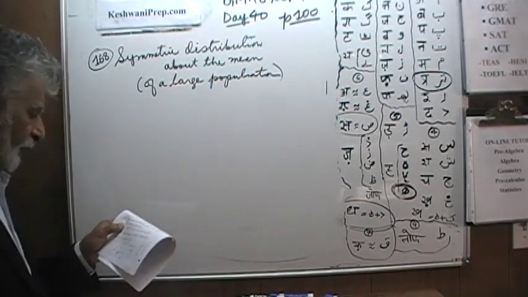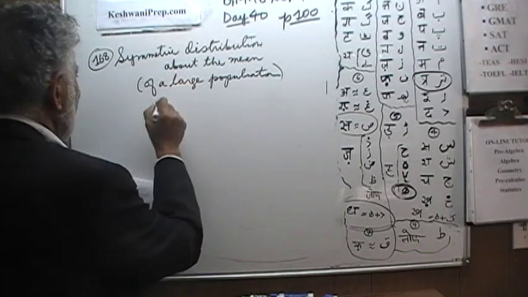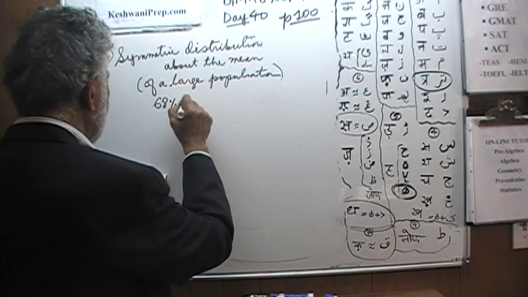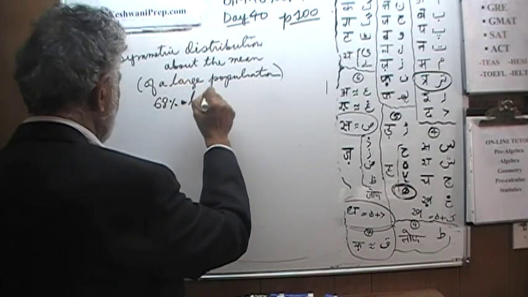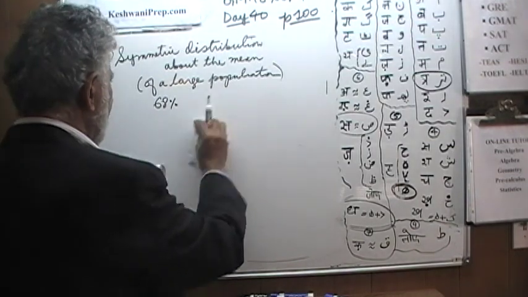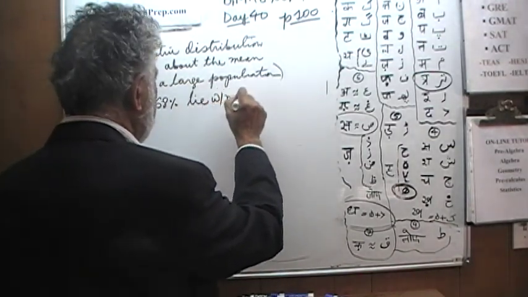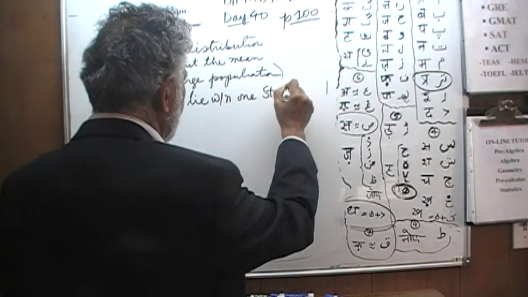That's a very important bit of information. We are further told that 68% of the observations lie, not lies, 68% of the observations lie within 1 standard deviation.